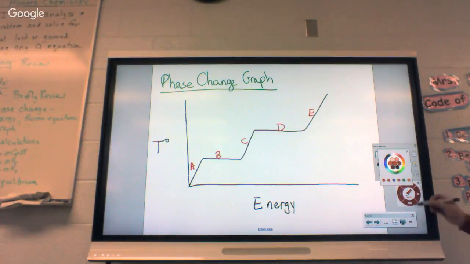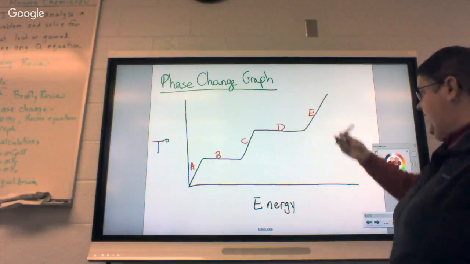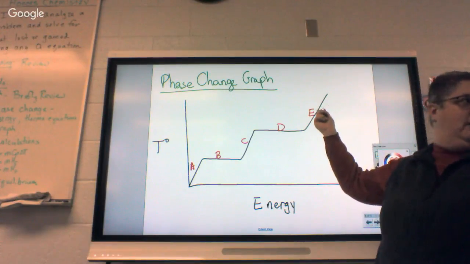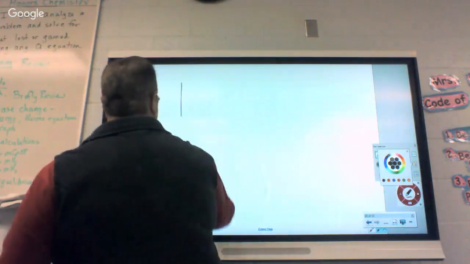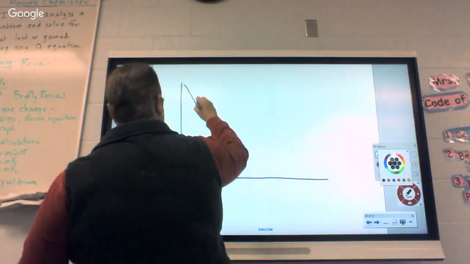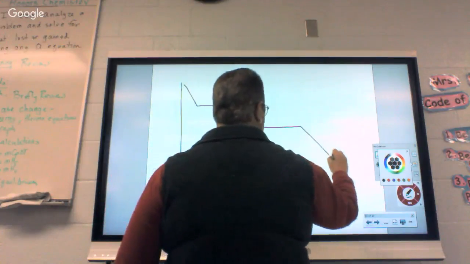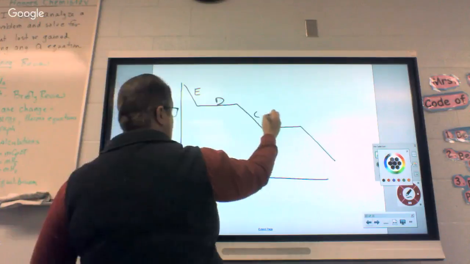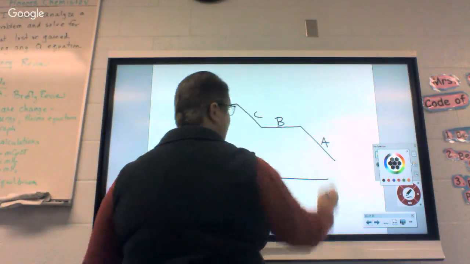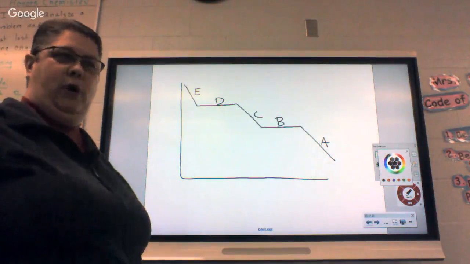Even if I draw this graph in reverse and still have it labeled E, D, C, B, A, it still is all the same points.